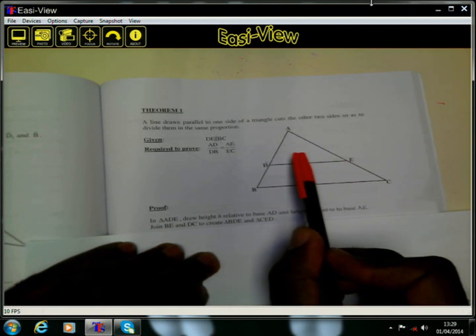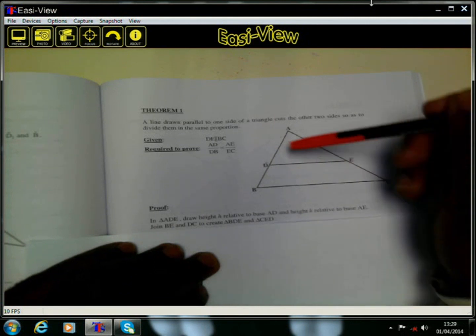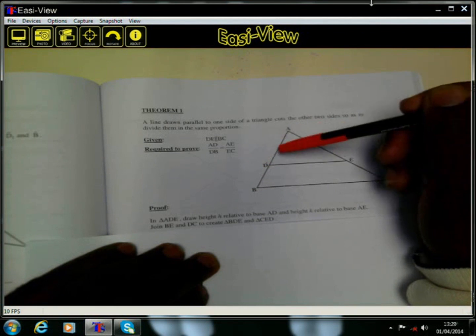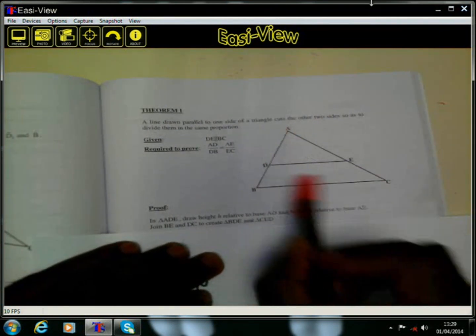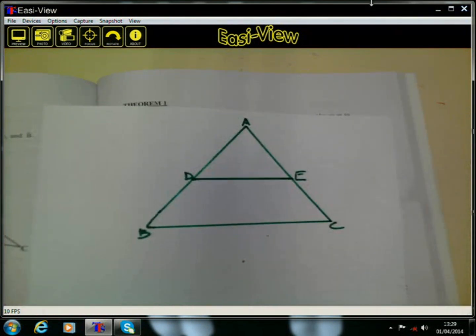But since we are going to have an extension such that we create the perpendicular height, we draw a straight line from point E up to this, which is going to be perpendicular to line AD. That line will eventually be the perpendicular height for what triangle? ADE.